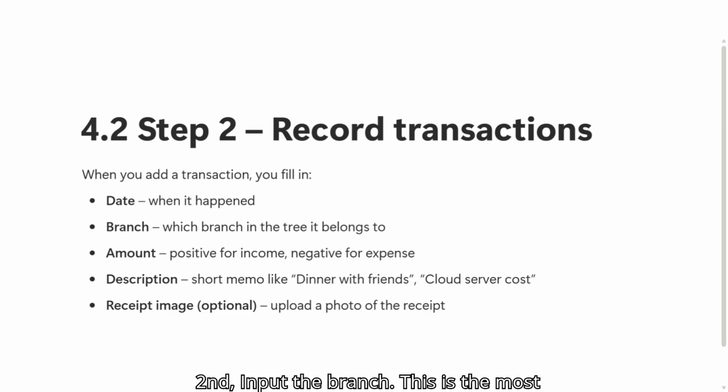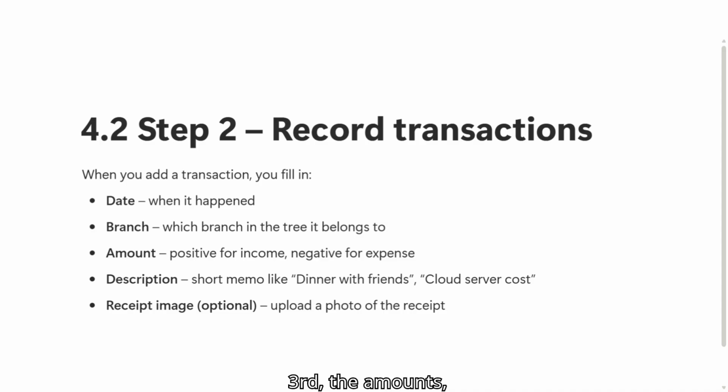This is the most important part. The branch tells the application where this money lives in my tree. For example, something like home, personal, living, dining out. So I'm not just saying I spent money, I'm saying I spent money in this exact place in my life.